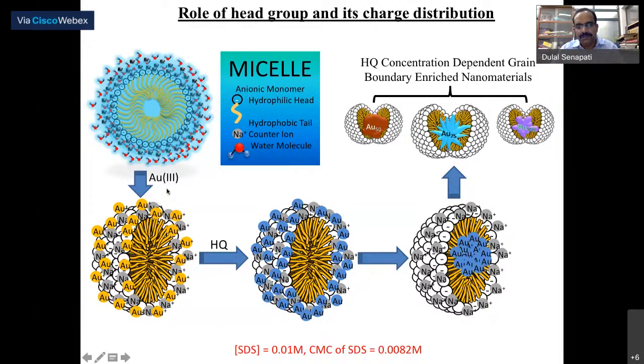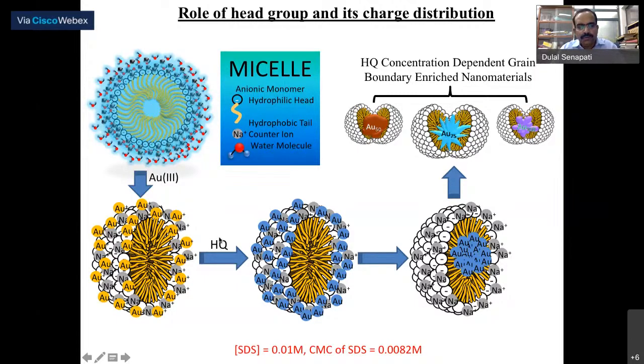Now, once we add gold, the head groups are all negatively charged and the gold is positive. So gold will go and attach to the negatively charged head groups.